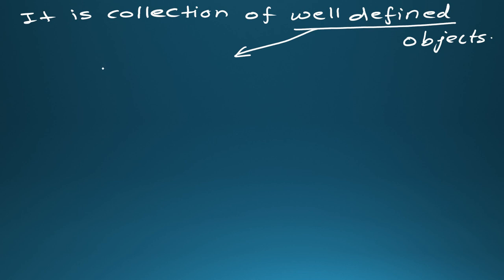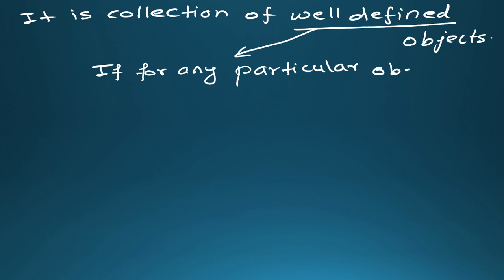It means for any particular object, you can say that yes, it will belong to the collection, or you can say no, it will not belong to the collection. It means you are sure.